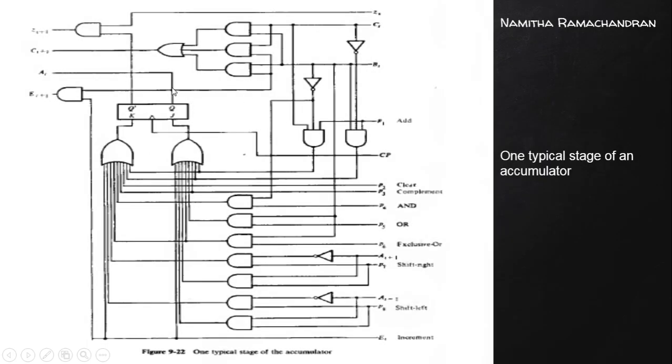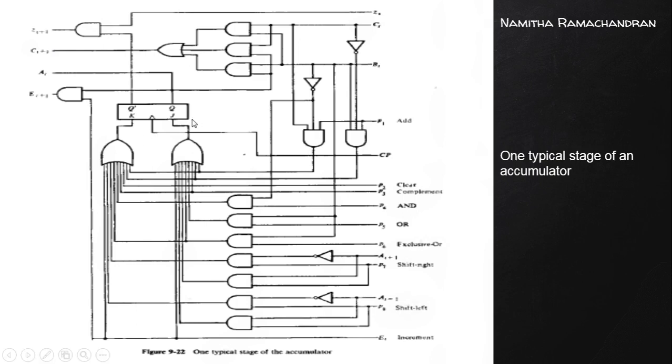That is Ai Bi, or next is Ai Ci, or the third term is Bi Ci. So these 3 ANDed terms are added together and generate the next carry out value, that is the Ci plus 1th term.